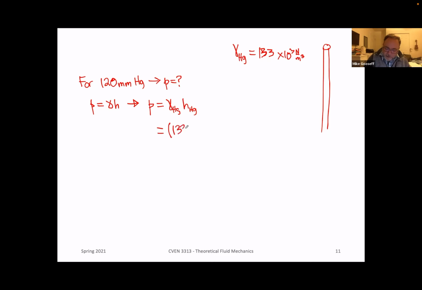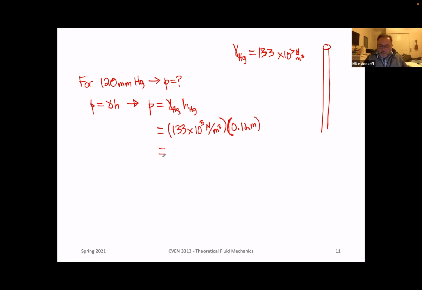So this blood pressure would be equal to 133 times 10 to the third newtons per meter cubed, times, I'm going to go ahead and do this conversion because we need to go from 120 millimeters to meters, right? We're going to have to work in meters. So if I make this conversion, 0.12 meters, or basically 12 centimeters, we will end up with the right units when we work this out.